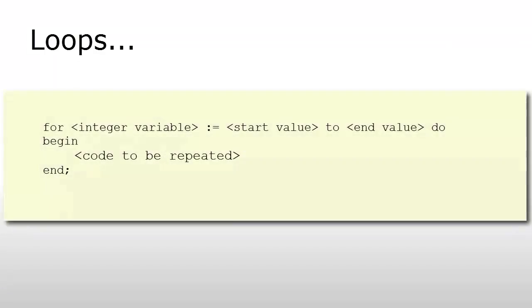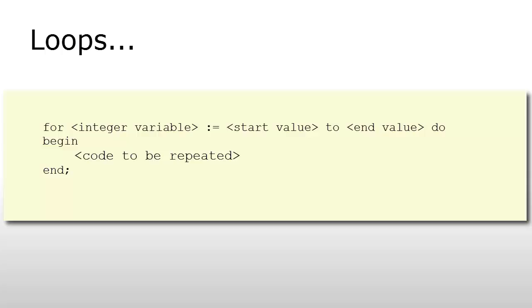This is a syntax summary of the loops we've used so far. For loop. For integer variable, and that could be such as I equals start value, and that might be something like 0 or 1, to end value, and that could be some upper range, such as 10 or 100.